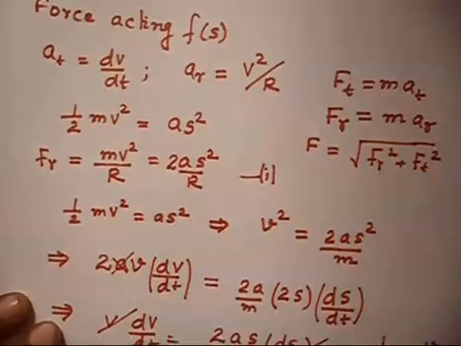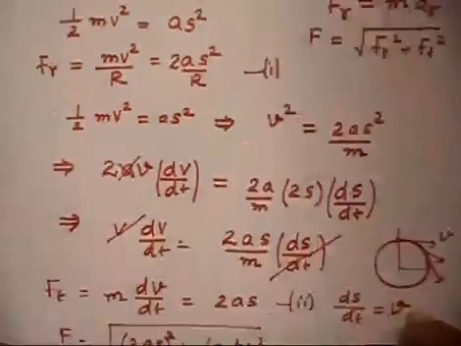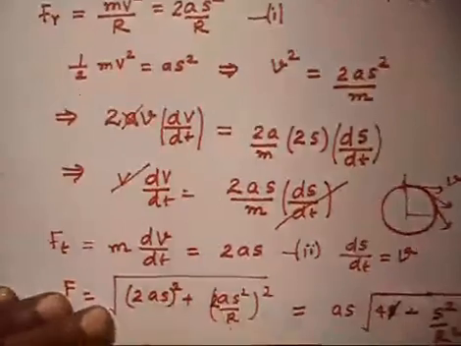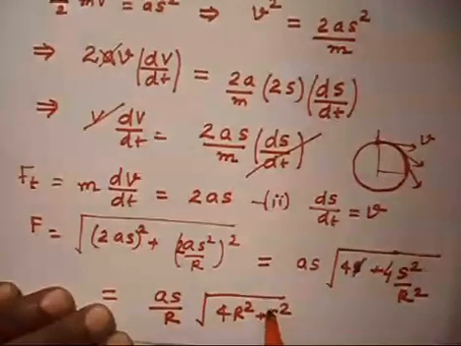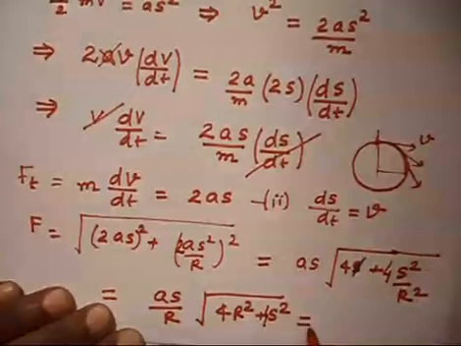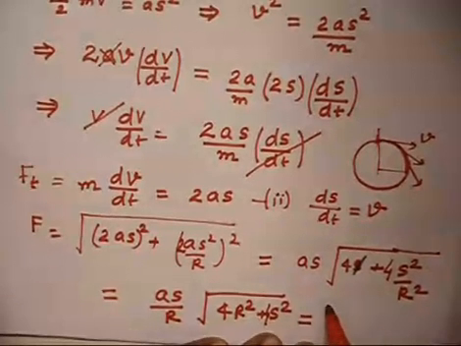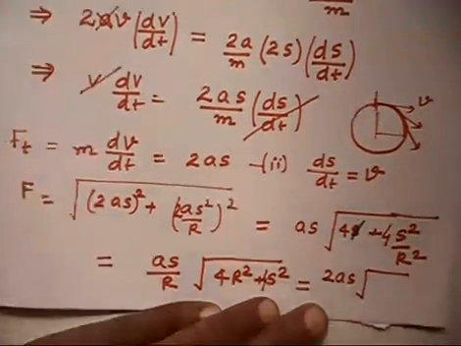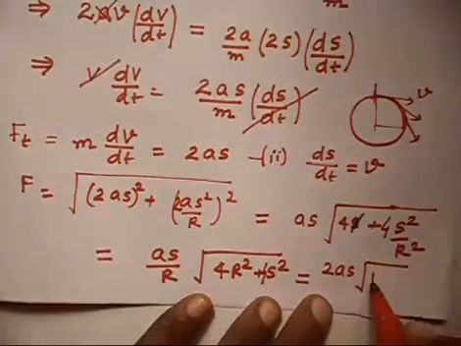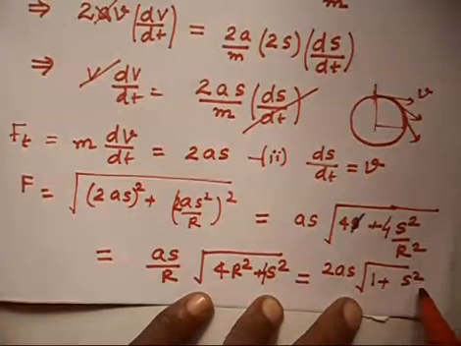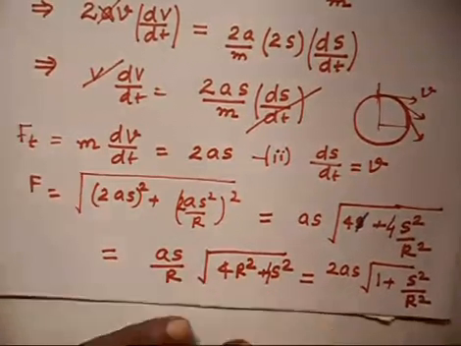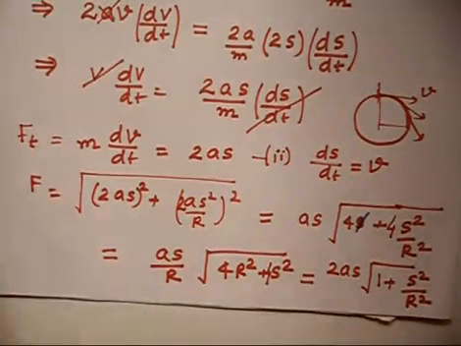So this is my radial force, I have to add a 2 here, and then this becomes 4. So now I can take 4s common, and this becomes 2as. In the answer r is inside, so even if I divide by r, this becomes 1, so 2 common and divided by r, and this will be s square by r square. Are you getting or not? You just do your calculation, you will get the answer.